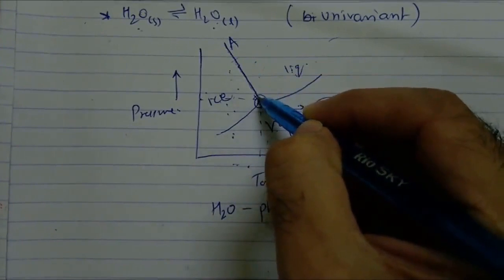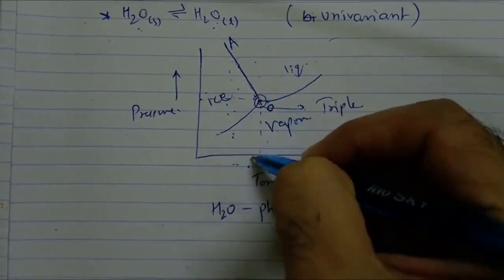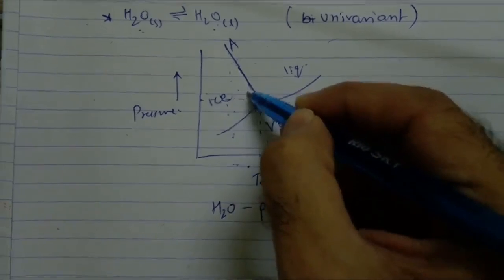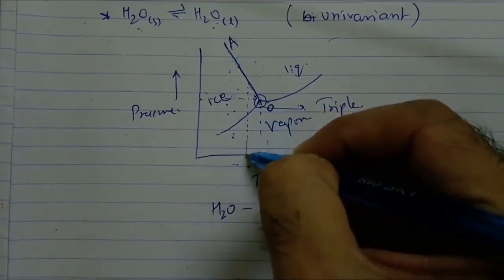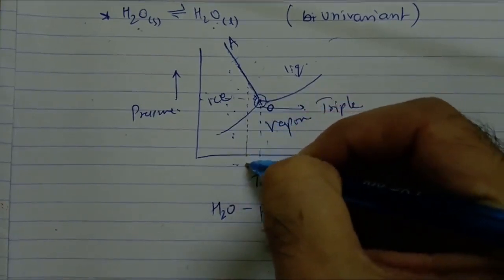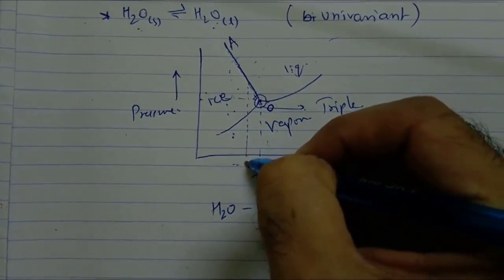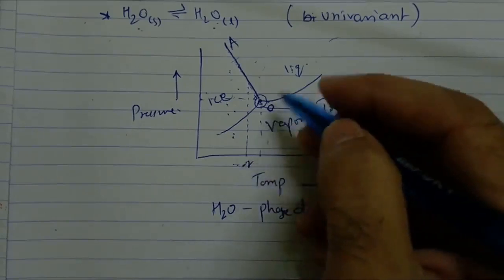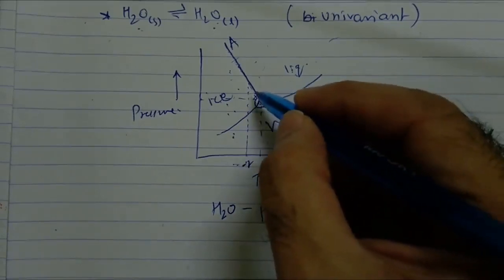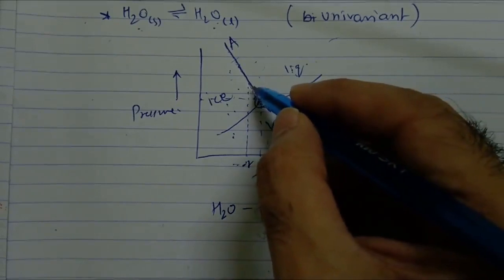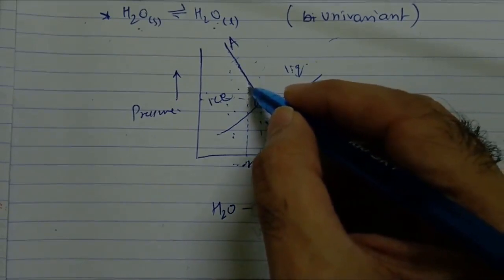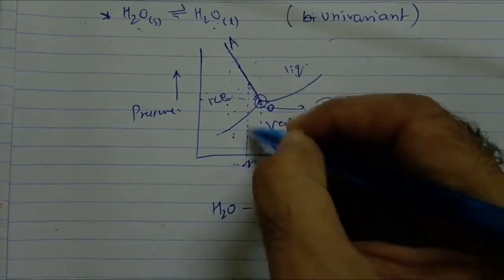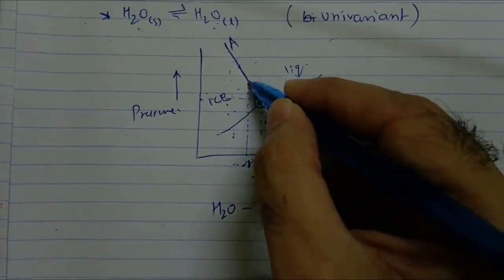Now here, why is it univariant? Because if you just specify the temperature, let's say, for example, I am specifying the temperature as -2 degrees. I'm just giving an example. At -2 degrees, it will be somewhere here.